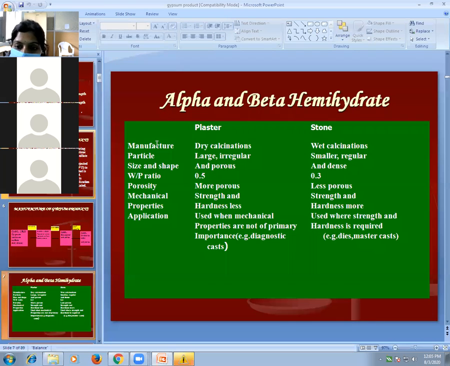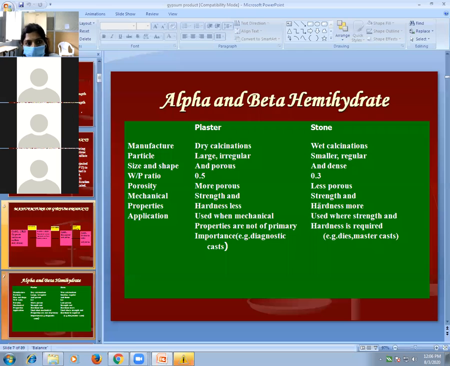And when you do wet calcination, you get alpha hemihydrate, or dental stone. So there is a difference between plaster and stone. Here is dry calcination, here wet calcination.